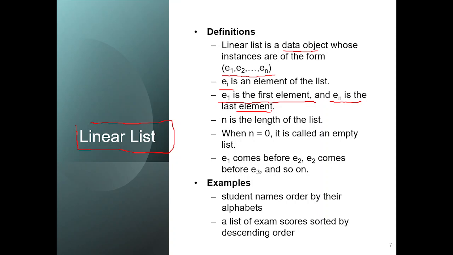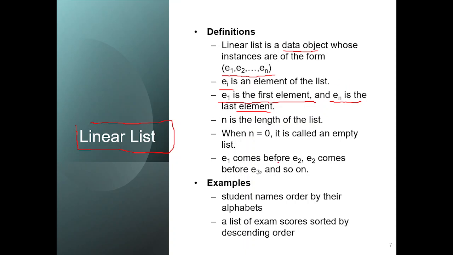So there is an order; these are not just randomly put together. These elements have an order. That order can be based upon different rules. You can come up with rules which will determine the order in which these elements would be put together. So n is the length of the list, E1 is the first element, En is the last element, and these elements have an order.